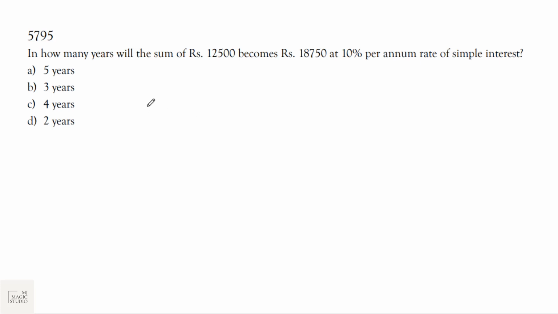Okay, let's see this. In how many years will the sum of rupees 12,500 become 18,750 at 10% per annum simple rate of interest? Simple interest collected is the amount 18,750 minus the principal 12,500, that is 6,250.